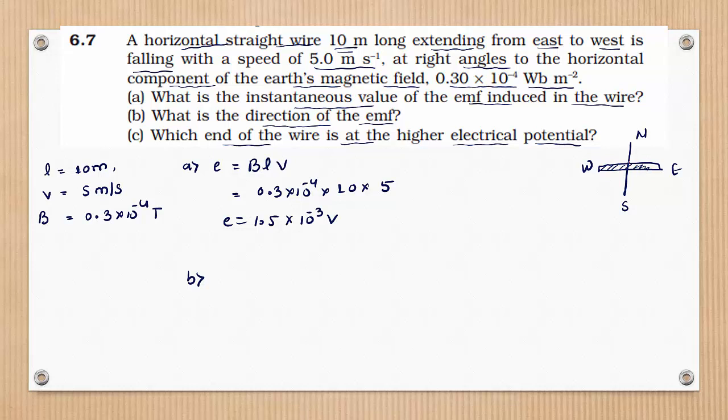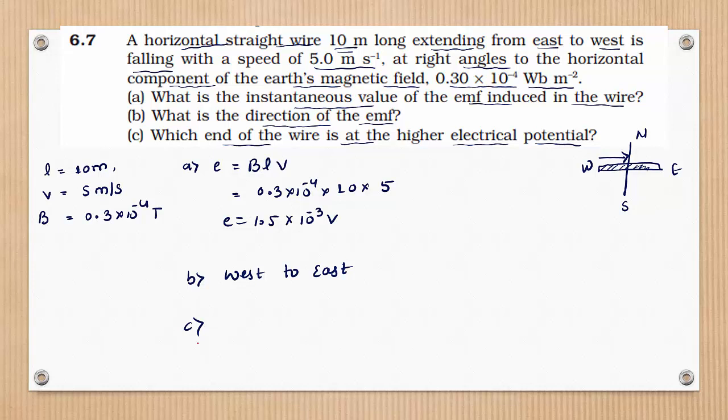Now we have to find what is the direction of EMF. We already know that the induced EMF is always opposite in direction to its initial value. So we can say that according to Fleming's right hand rule, the direction of induced EMF is from west to east. Then third question, which end of the wire is at the higher electric potential?